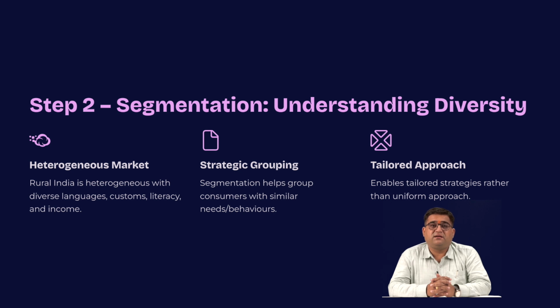Effective segmentation involves identifying and grouping clusters of rural consumers who share similar characteristics, needs, or behavior. This allows marketers to mold their products, messaging, and overall marketing efforts more precisely and effectively for each identified segment rather than adopting a one size fits all approach.